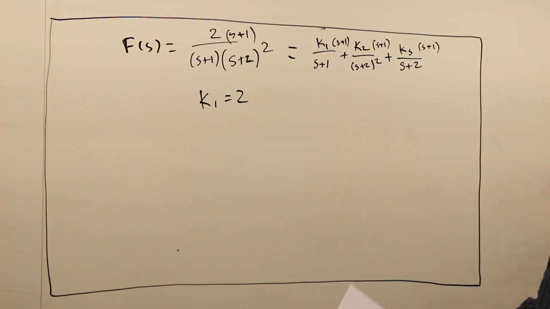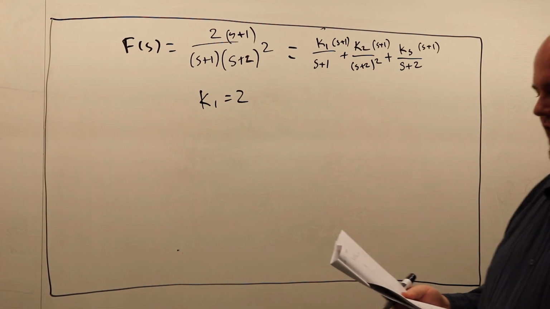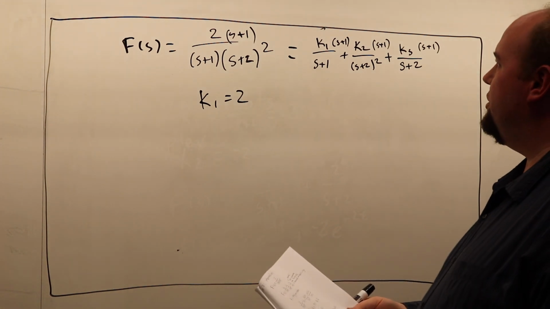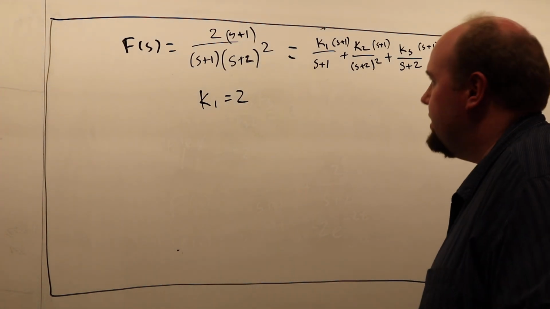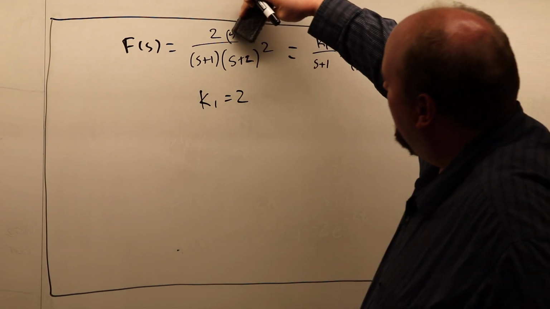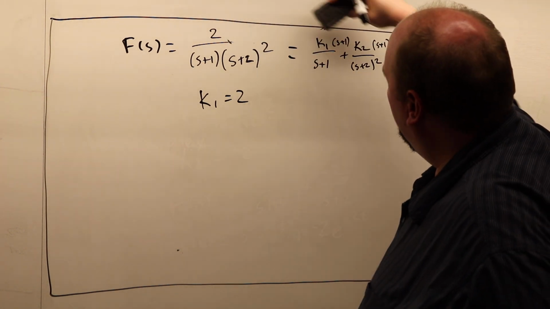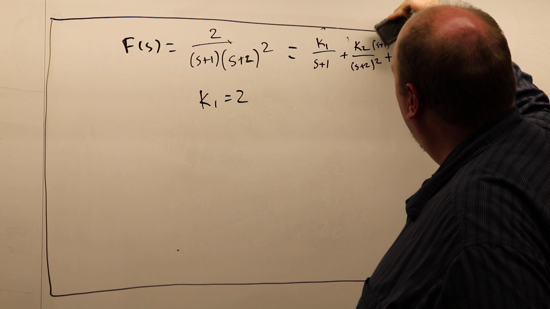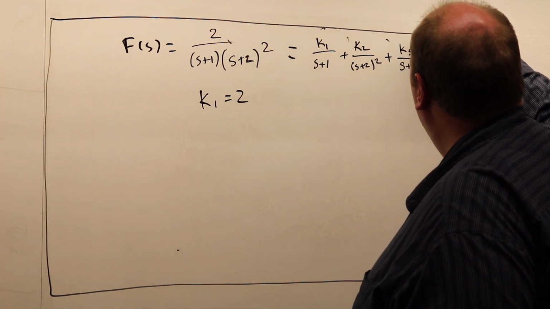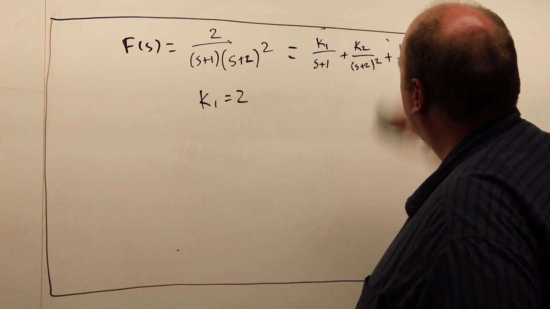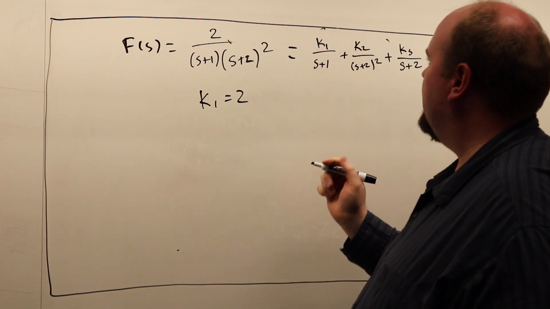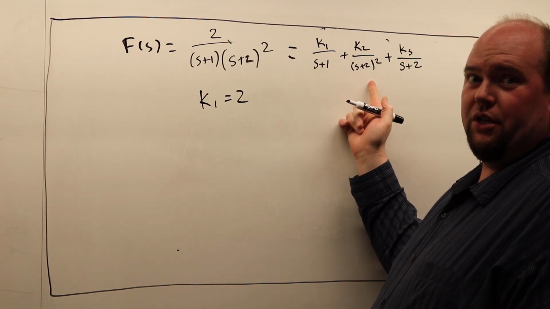We're getting used to a lot of 2's as our answer. That's just coincidence here. So to solve for k2, we can do a similar process. We are going to multiply both sides of the equation by (s plus 2) squared.